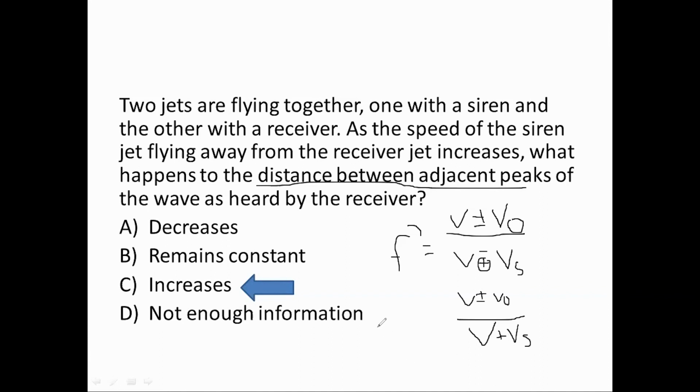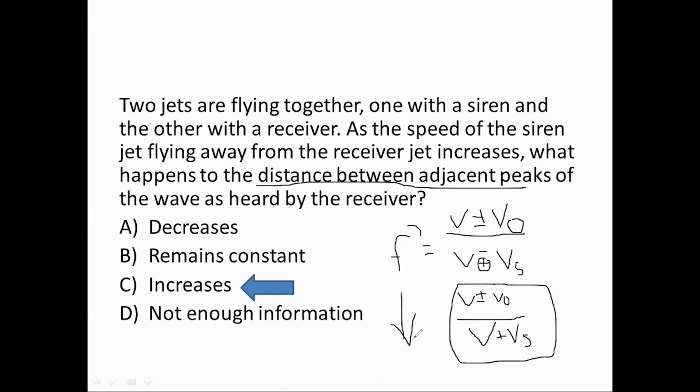If the denominator increases, that means this number as a whole will decrease, because if the denominator is getting bigger, the whole thing is getting smaller, right? It's like going from 1/5 to 1/6 to 1/10 to 1/100. As the denominator is increasing, the whole number is getting smaller, right?